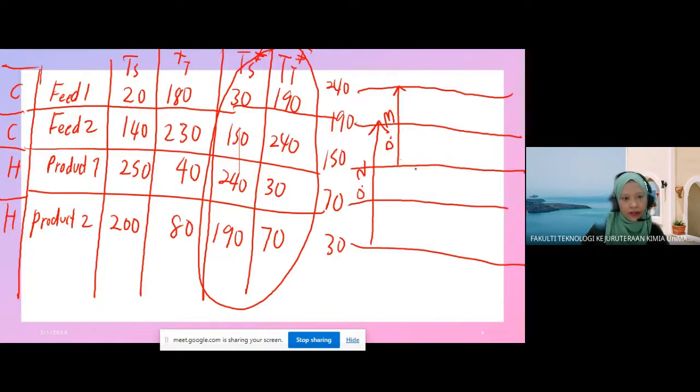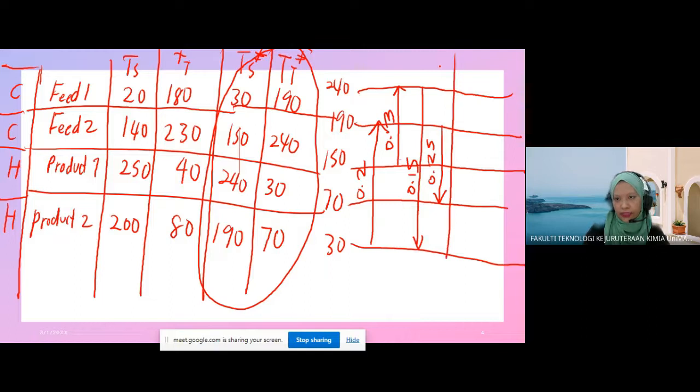Hot stream 1 is from 240 to 30 with CP value of 0.15, right? And next is hot stream number 2 from 190 to 70 with CP value of 0.25, right?